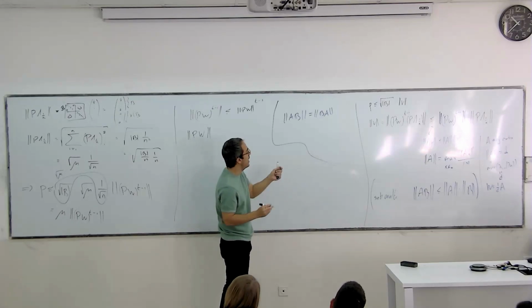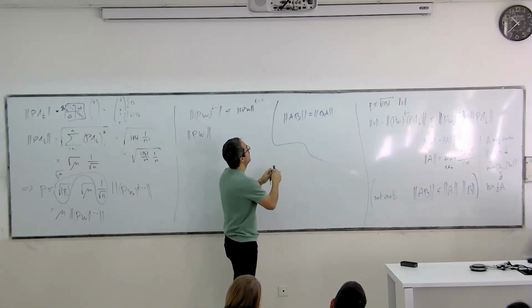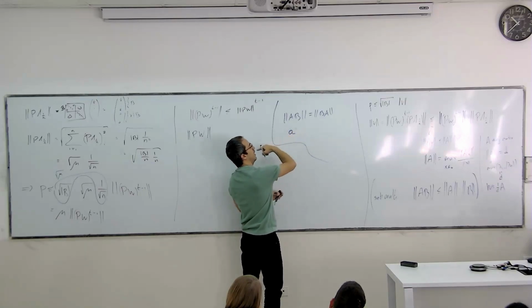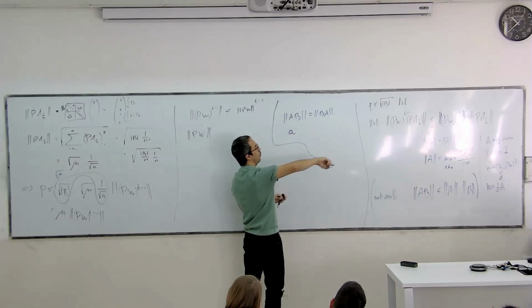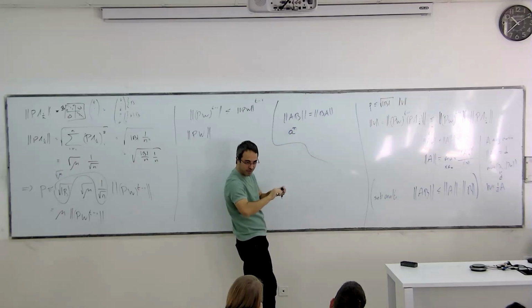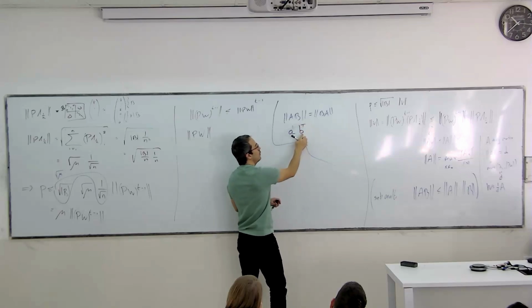For example, maybe A and B were vectors. Let's call A a little a, a row vector, and B a column vector.